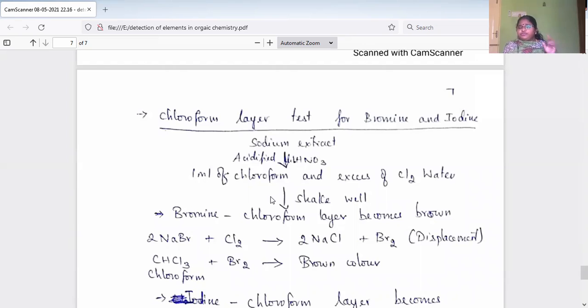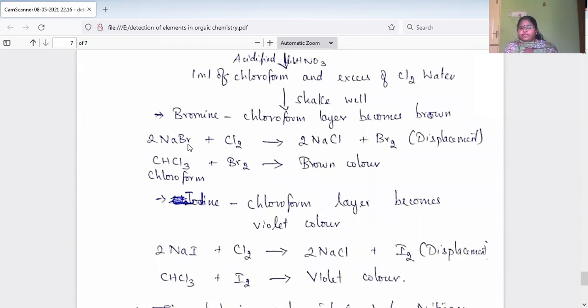Then you add 1 ml of chloroform and excess chlorine water, and shake well. What happens here? If it is bromine, the chloroform layer on top turns brown. Why? It is a displacement reaction: chlorine displaces the bromine from NaBr so that you get bromine, and that bromine gives the brown color, right?